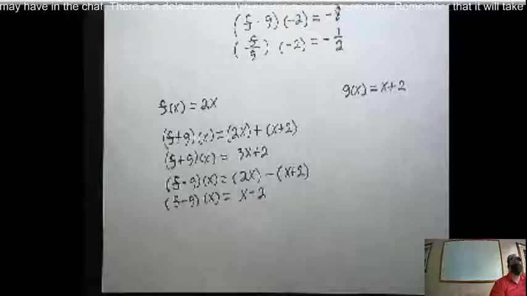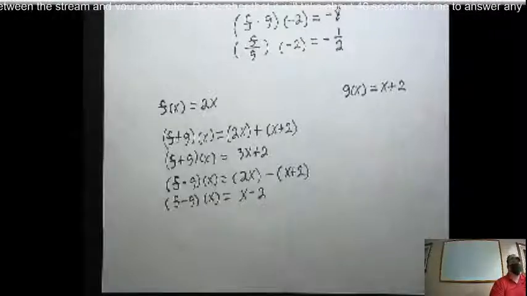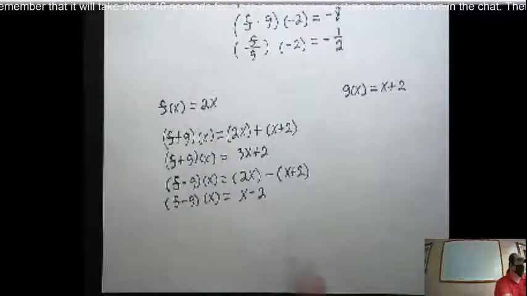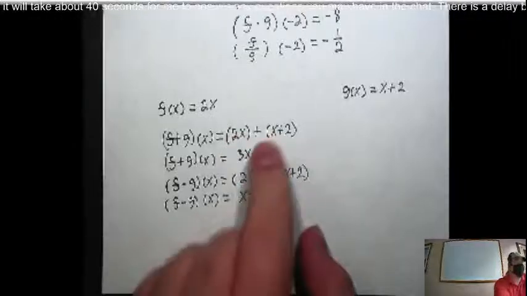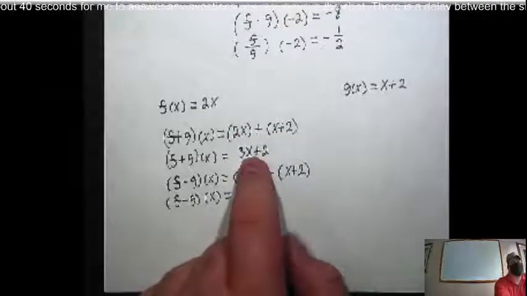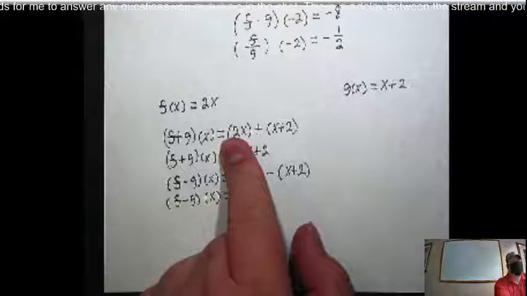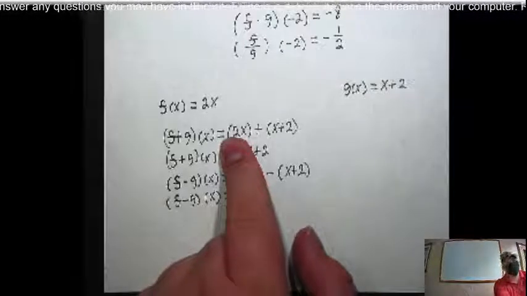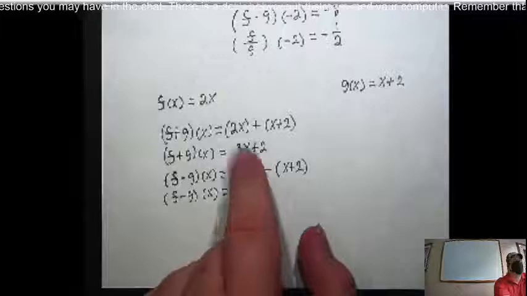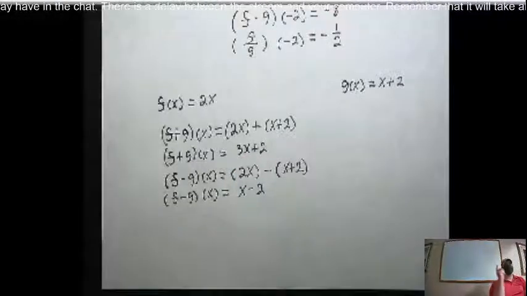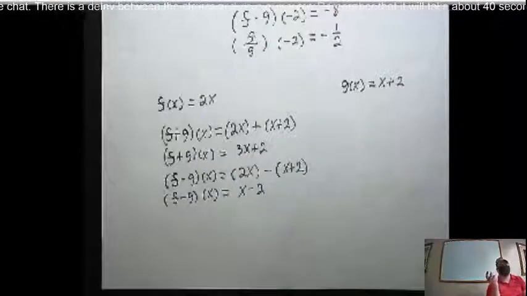This comes down to our properties of addition. Okay? So one of the properties of addition says that it really does not matter which way we add things. We could have 2x plus x plus 2, and it would come out to be this. Or we could have x plus 2 plus 2x the other way around, in other words, g plus f, and it would still come out to be this, because it does not matter if you add 2 plus 5 or 5 plus 2, they're the same thing.